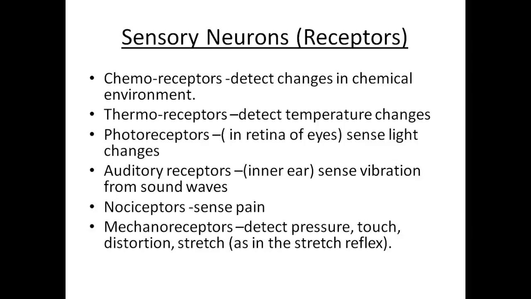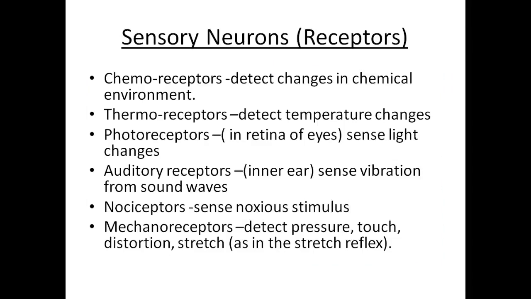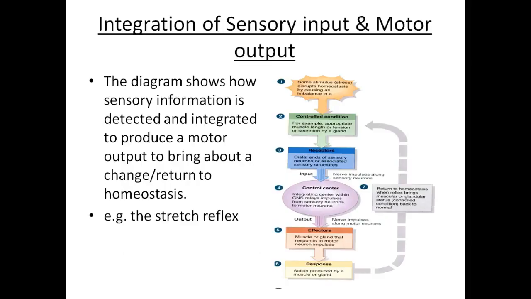Nociceptors sense noxious stimulus, more noxious stimulus than pain. And then you've got mechanoreceptors, and these detect changes in pressure, in touch, in distortion and stretch, such as the stretch reflex that we'll come on to a little bit later.